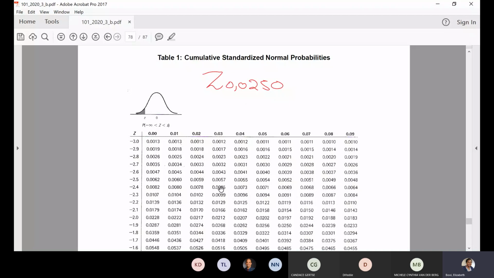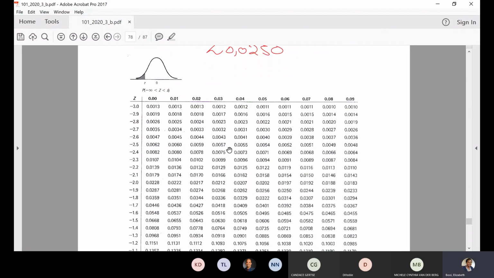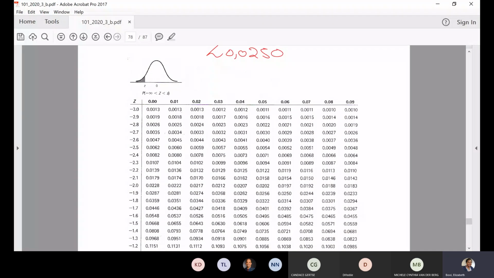Inside the table here, there are those probabilities, which are your level of significance. So we need to look for the probability that reads 0.0250 inside the table. And that probability is here.